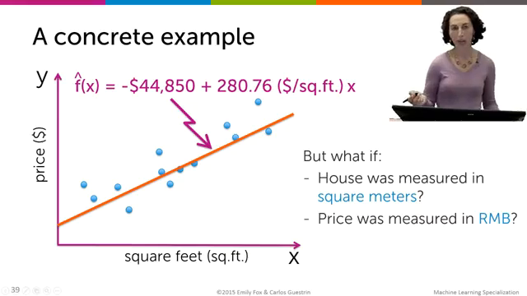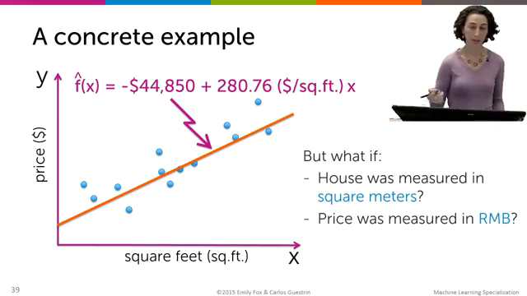But what if the house was measured in square meters instead of square feet? Well, clearly I can't just plug into that equation. And likewise, what if the price was measured in Chinese yuan instead of in US dollars? Again, can't just plug into that equation. So when I think about the magnitude, it only has meaning in terms of the units that I've used for my input and output.